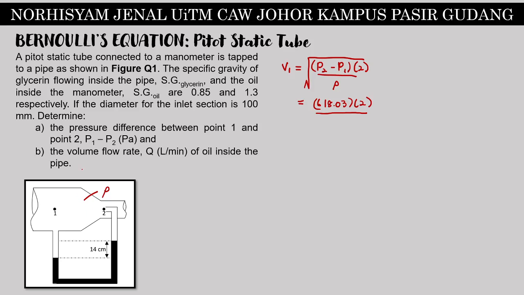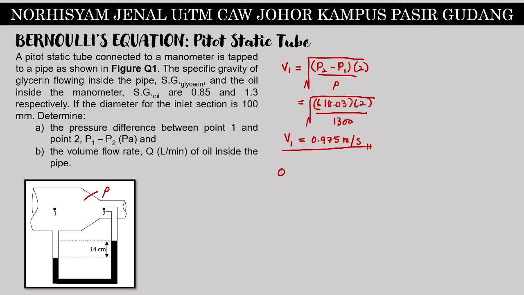Alright, so the rho over here should be rho of glycerin, which is 1300, and then the square root of it. So you will get V1 equals to 0.975 meter per second.